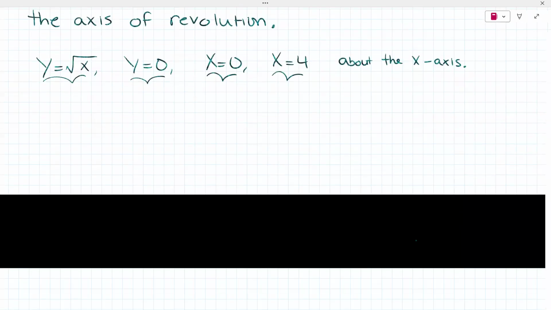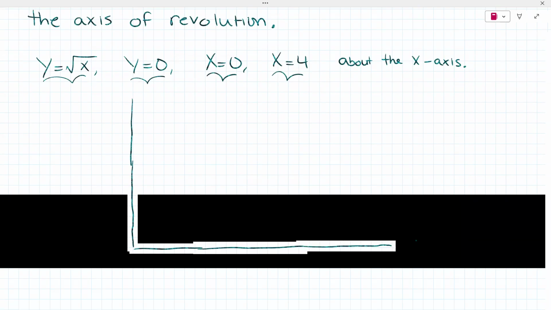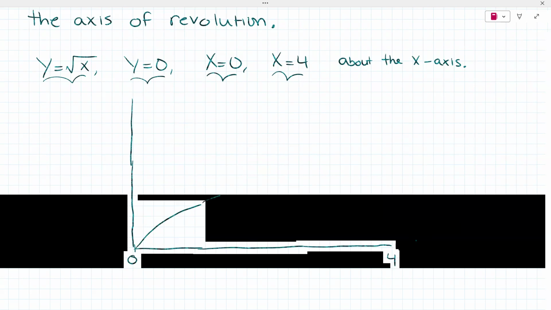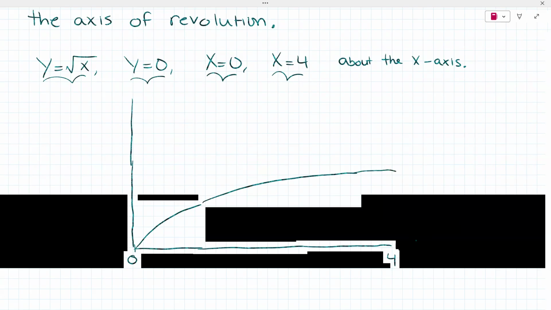So if you kind of drew it, here's 0, here's 4, and then y equals radical x would look something like this. And then x equals 4 would go like this.